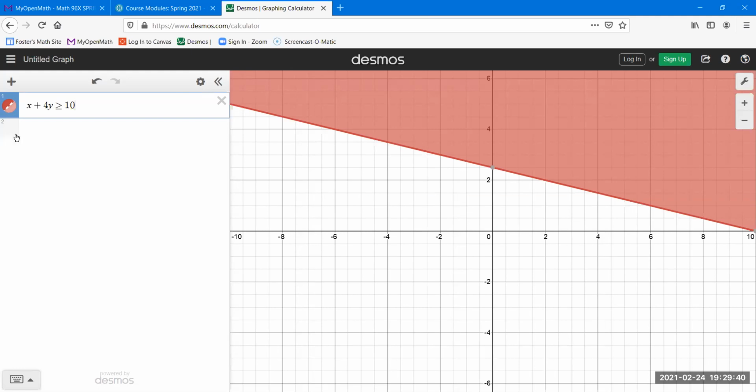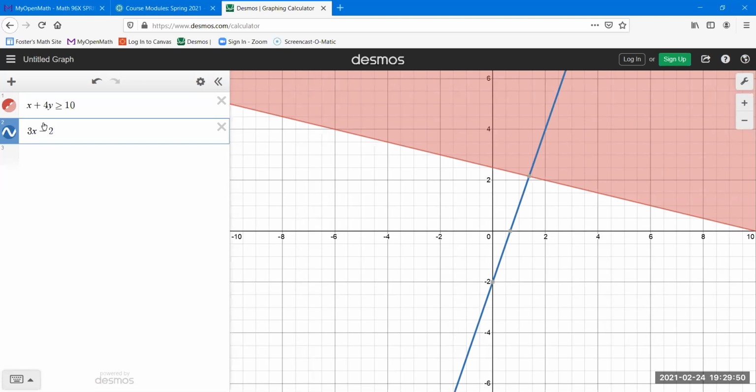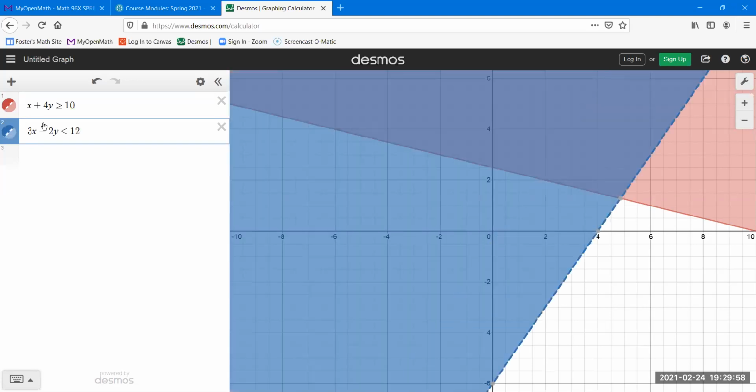Then you come down to equation number 2, which was 3x minus 2y less than 12. Again, it graphed it. Notice it's got a dotted line.